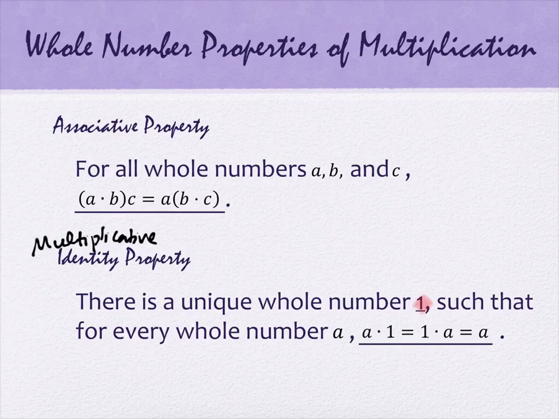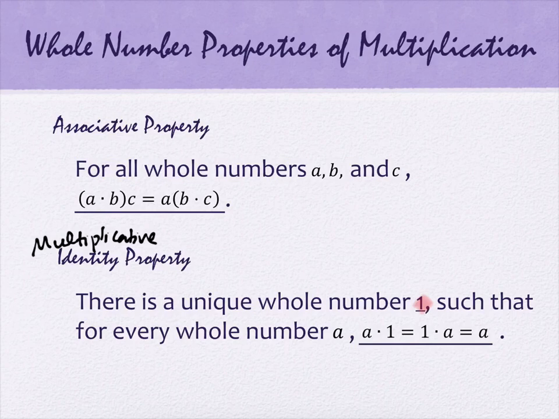Because when I multiply by 1, either A times 1 or 1 times A, the value A remains unchanged. If you remember, that's what it was with 0 when we did addition. 0 plus A, or A plus 0, is A. It doesn't change. So we have a unique number that does that, the number 1.